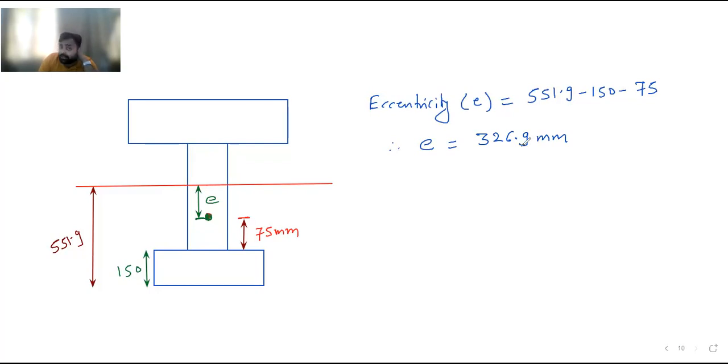So before calculating the total dead load of the beam, we require the total area. So first of all, we will take the total area, that is capital A, which is equal to A1 plus A2 plus A3. You have already calculated the values of A1, A2, A3.